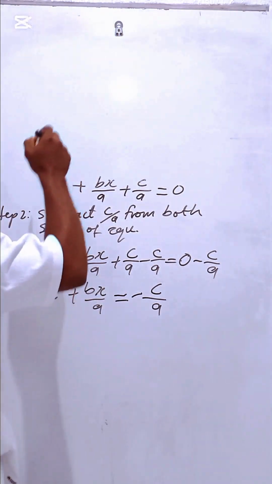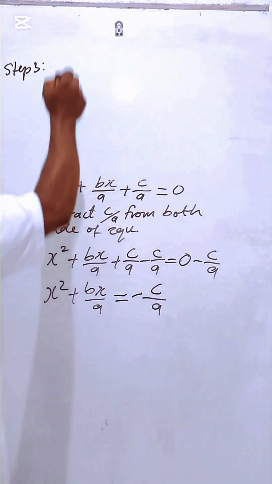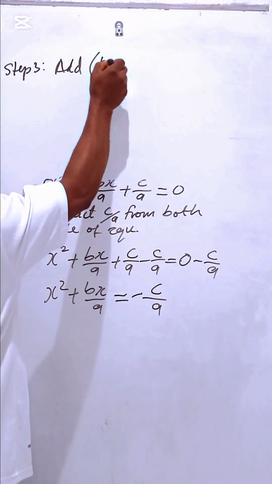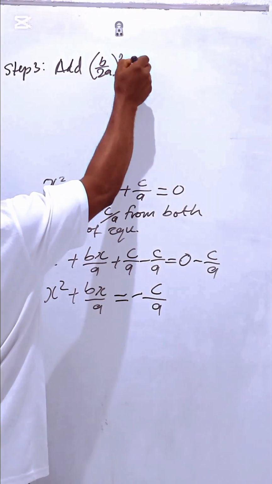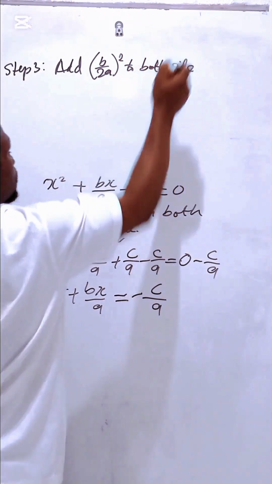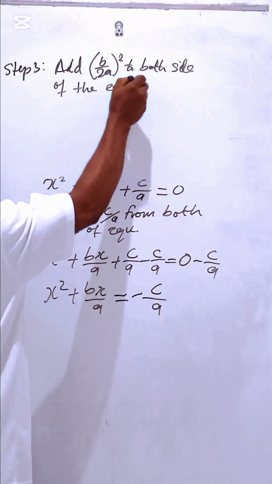So I'm going to add, step 3, b over 2a squared to both sides of the equation.